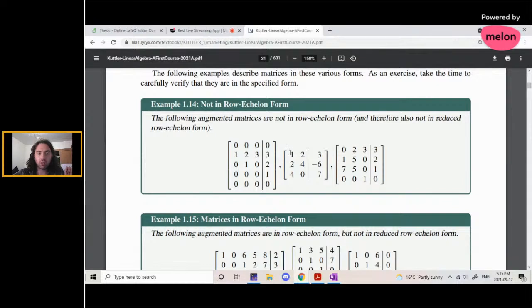Okay, let's look at this next one. There's no rows of zeros, so there's nothing to worry about there. But again, we think about condition 2. It says our leading entry should be going down and to the right. But look at this. The first entry in each of these columns is a leading entry. They're stacked on top of each other, so that is the issue. And also, part 3 is an issue because all the leading entries should be 1.